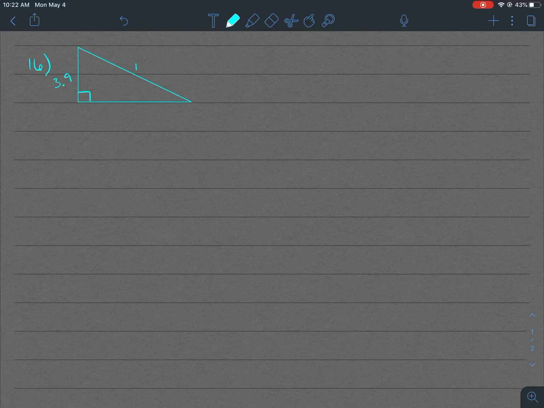And it also gives us this length here, which is 11. So what did they give us? What letters? We know that this one is either A or B. Okay, it doesn't really matter. And what about this 11 over here? It's opposite the 90-degree angle, so that makes it letter C.